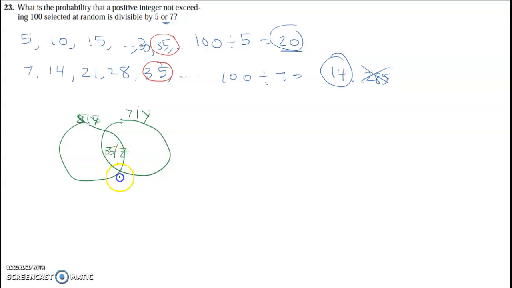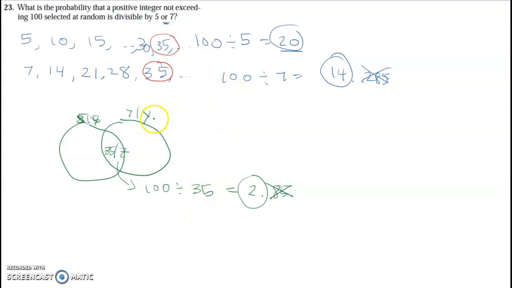To do that, we can just follow our process again and do 100 divided by 35, and this is 2.85 something, but the remainder is not what we're interested in. There are going to be two whole numbers under 100, probably 35 and 70, that have been counted twice.